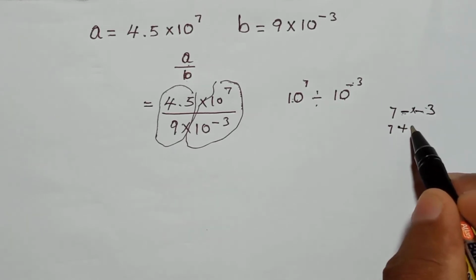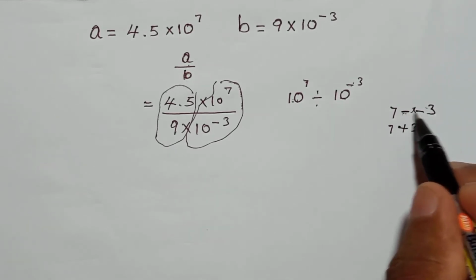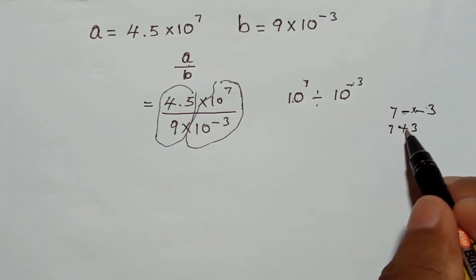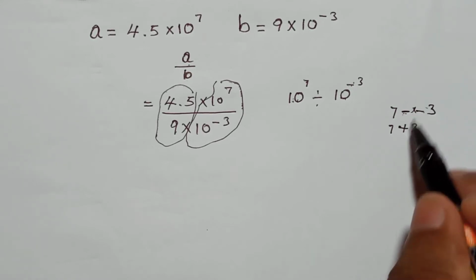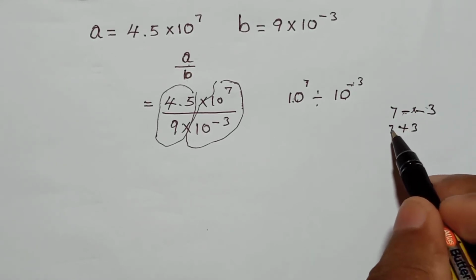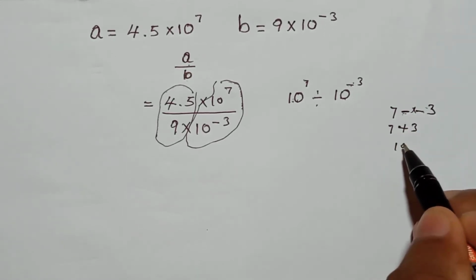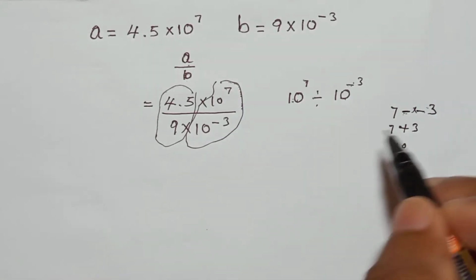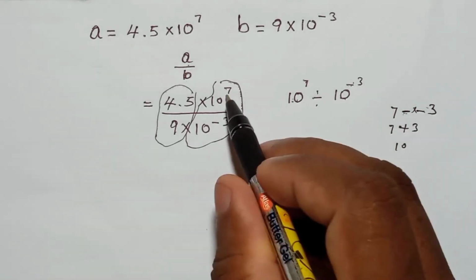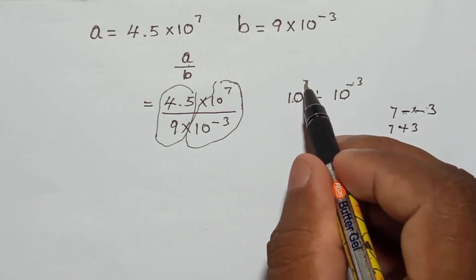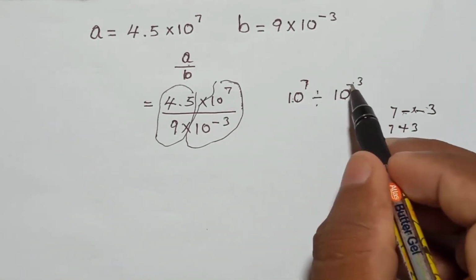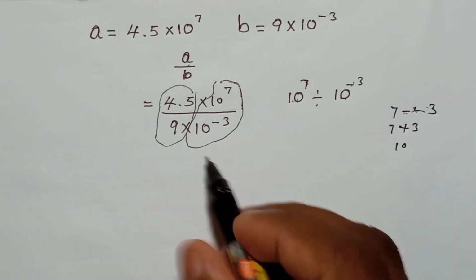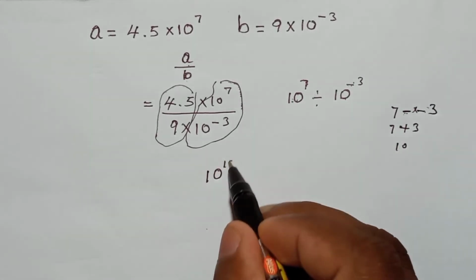So plus 3. Both signs become one sign, plus. Now 7 plus 3 is 10. That means if you divide this one by this, it will be 10 to the power 10, because when you subtract 7 minus minus 3, it becomes 10.